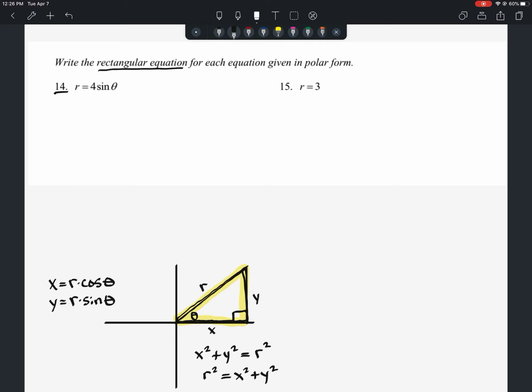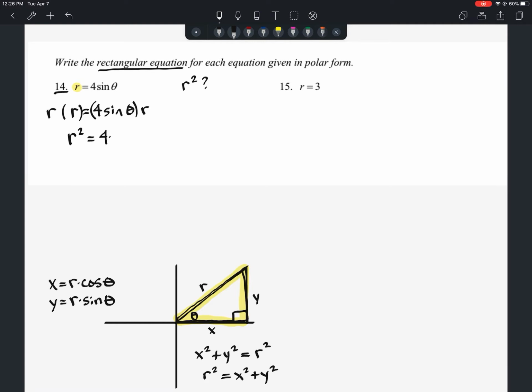So what if I wanted to turn my r into an r squared? I'd have to multiply my left side times an r. Rewriting it, if we multiply this side times an r and this side times an r, we now have r squared equals 4 times the sine of theta times r.